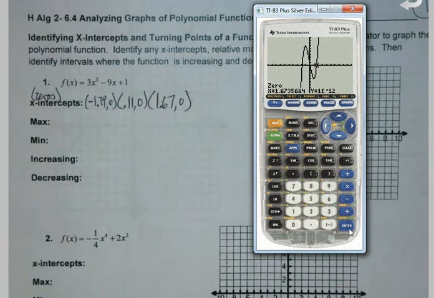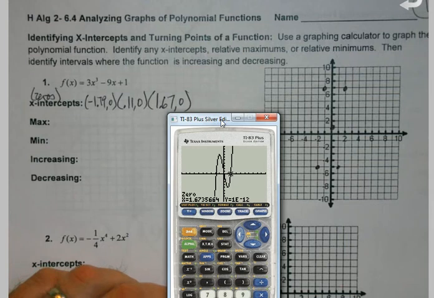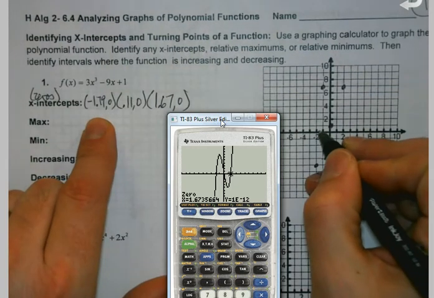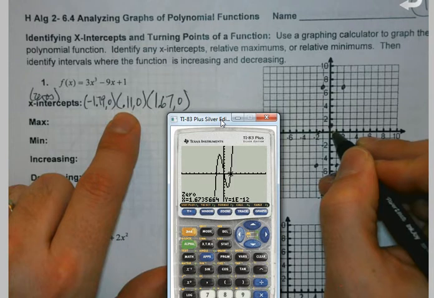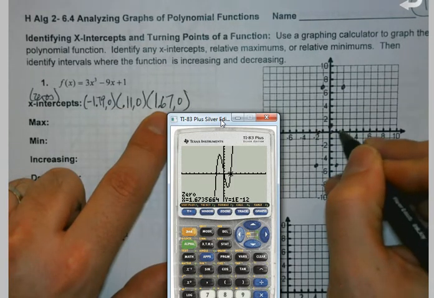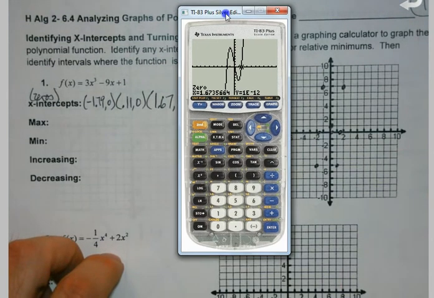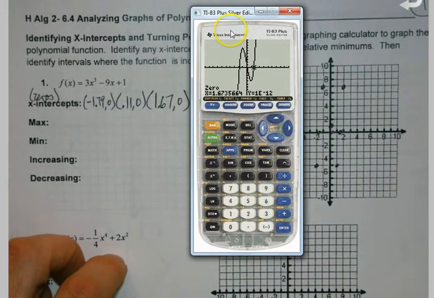So 1.670. Now, I still need to find my max and min, but I'm going to plot these two first. So again, we're just trying to shoot for some accuracy here. So I get those.